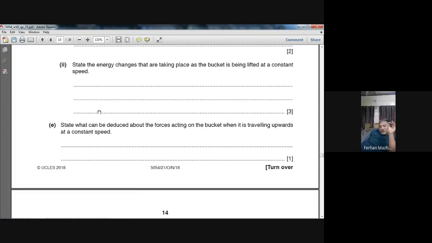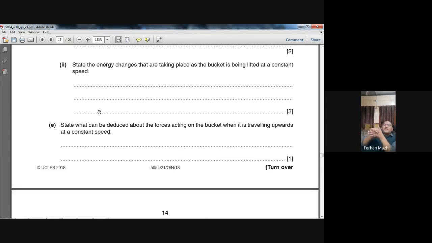Because the object is moving at a constant speed, what will happen? The chemical potential, because the thing is rotated by the man. So that man has chemical potential energy, and that is ultimately converted into heat energy.